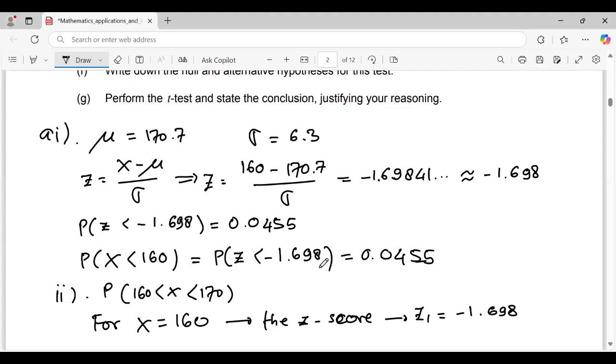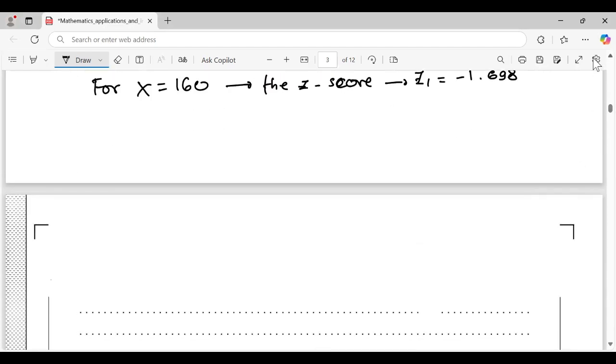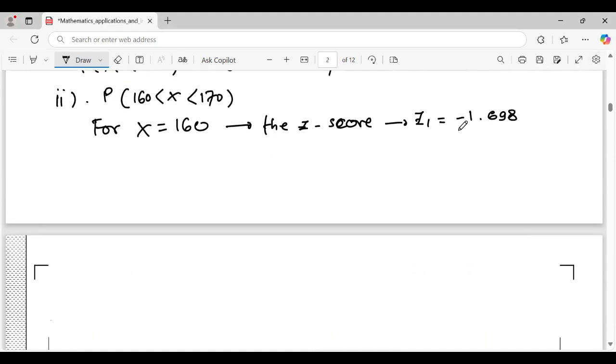In table or calculator, you can find the probability is 0.0455, but we need the value of z1.